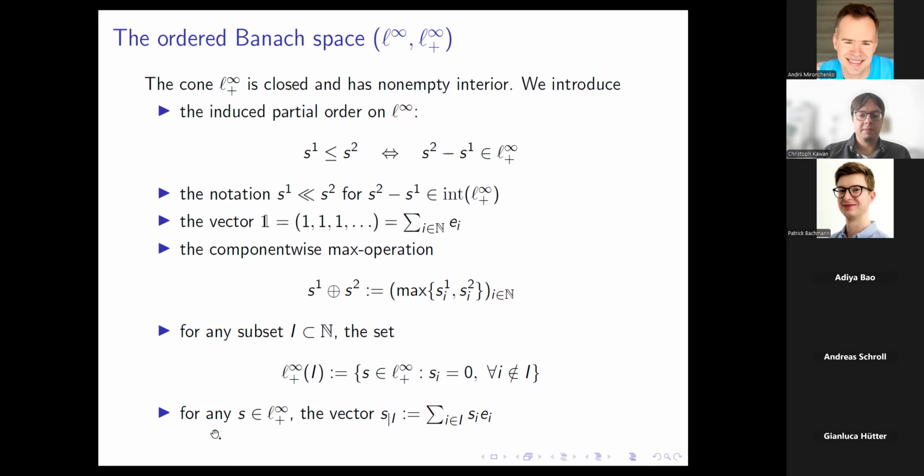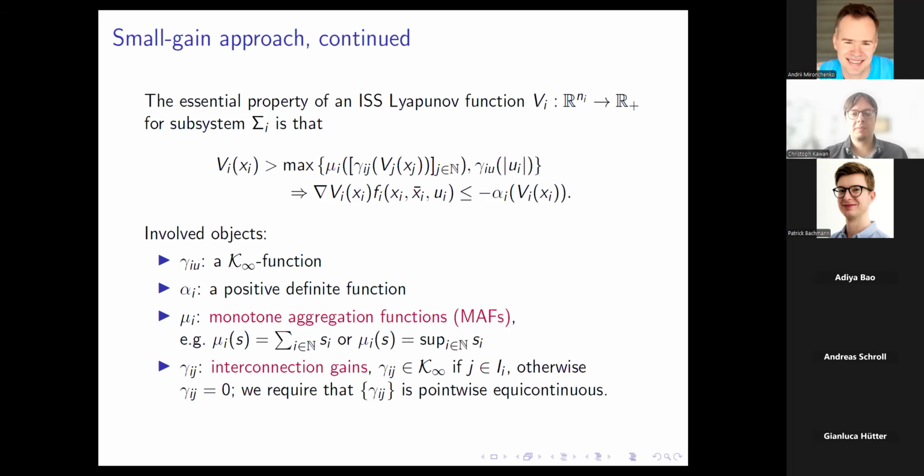And finally, if we take any vector S, we can define a projection to this subset, which just means that we are only considering those components S_i with i in capital I, and the rest we forget about. So we just project S to this subspace. Right, so these are some necessary definitions.